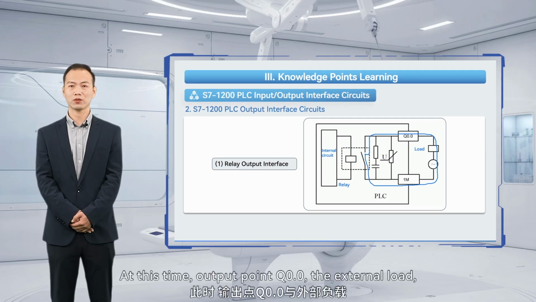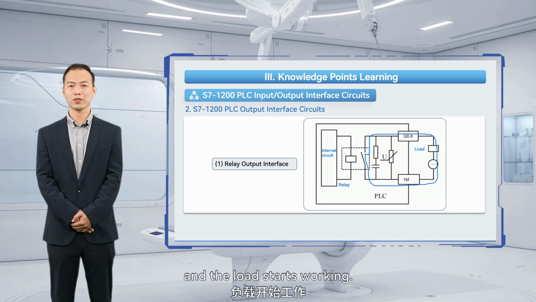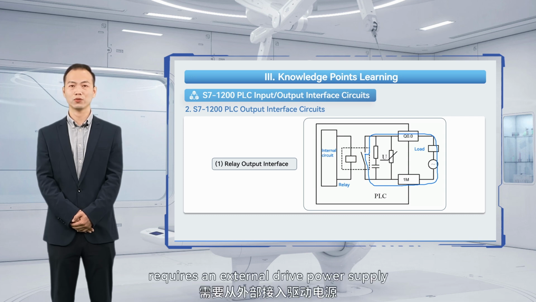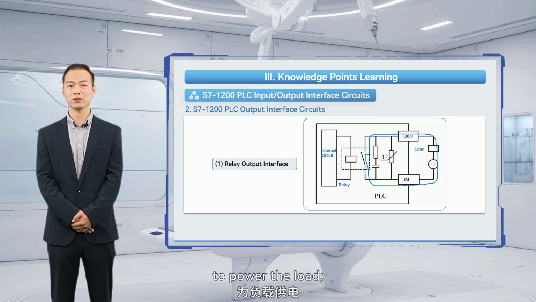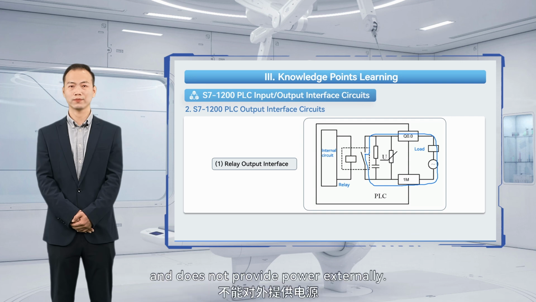At this time, output point Q0.0, the external load, power supply, and common terminal 1L form a loop, and the load starts working. The PLC output loop requires an external drive power supply to power the load. The output point Q0.0 only acts to close the circuit and does not provide power externally.